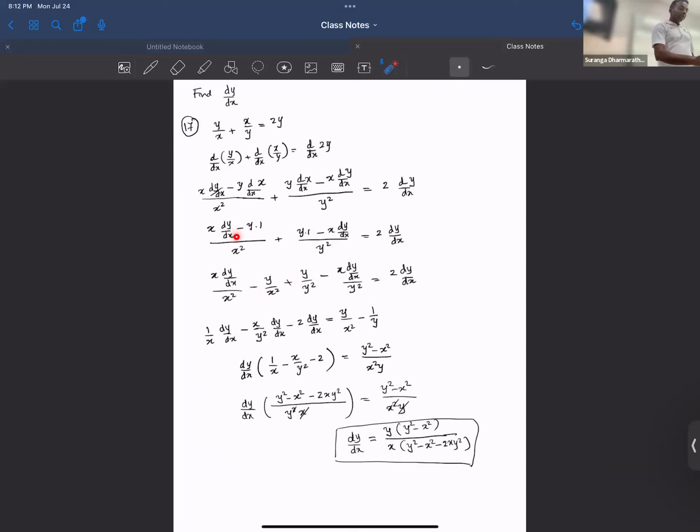Do you understand what I did from here to here? Okay. So I distributed the denominator over the different terms in the numerator. That's what I did. Does that make sense? That's algebra. So only part of it was derivatives, up to this point. The rest is algebra.